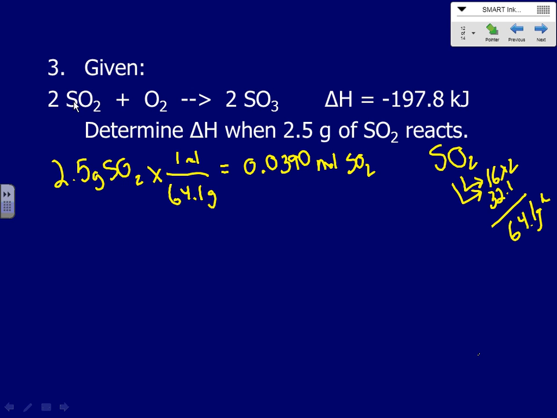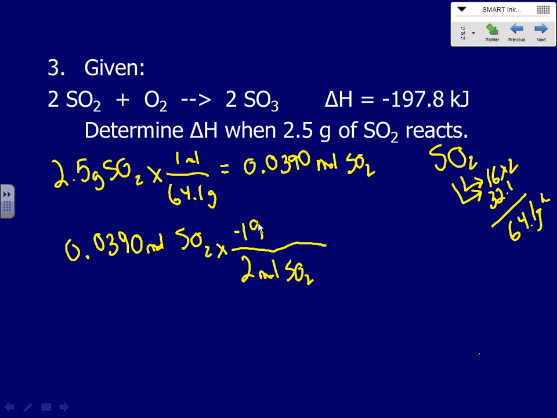Well, for every 2 moles of SO2, I'm going to get out 197.8 kilojoules of energy. So why don't we just create a conversion factor out of that? 0.0390 moles of SO2, and for every 2 moles of SO2, I'm going to get 197.8 kilojoules of energy. Moles of SO2 are gone.